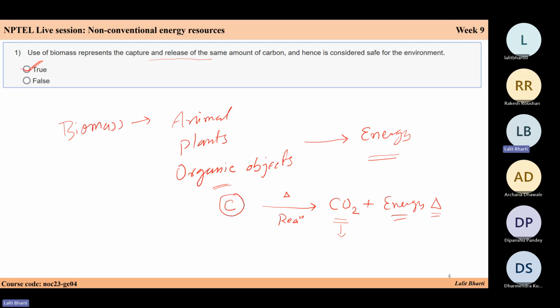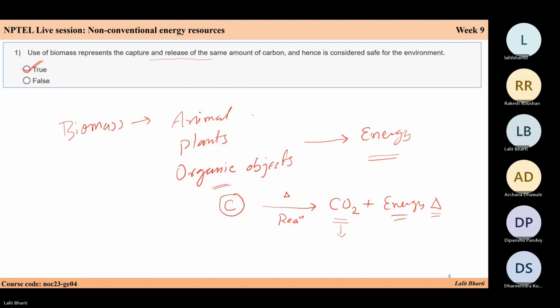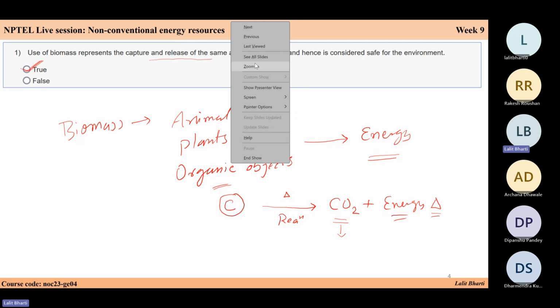If we convert them into usable energy, then we mark them as biomass energy. So basically all the organic objects are made up of carbon. So we need a reaction from carbon.